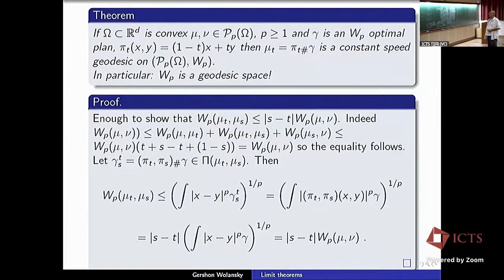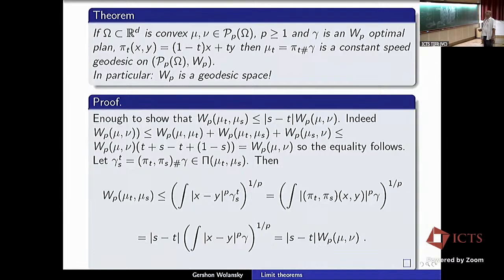So if we take the p power and the p root, we get s minus t times this integral, right? And this is just the Wasserstein distance between mu and nu. So we have this inequality, and so we proved that this is indeed a geodesic.